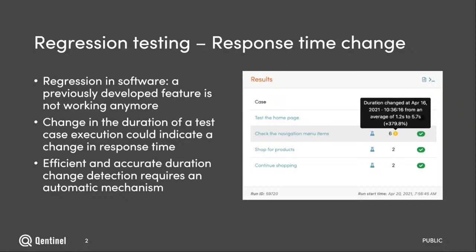Single occurrences of such events may be explained by fluctuations caused by network traffic or system load, for instance. But if the change turns out to be permanent, it could indicate an increase in the response time of the application login functionality. Since these types of changes might also affect users of the application, this is most likely something that should be detected and investigated further.